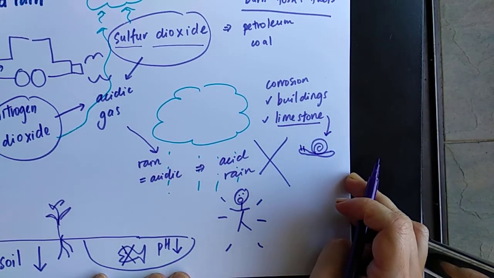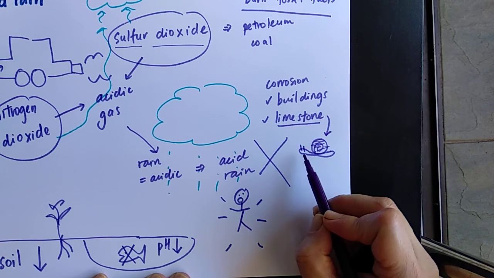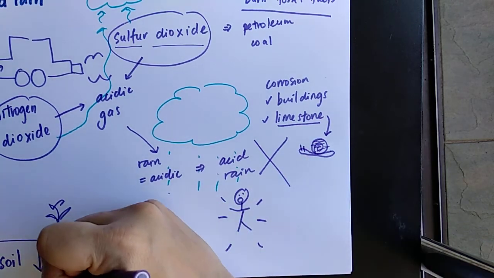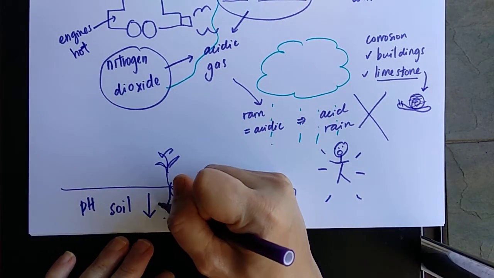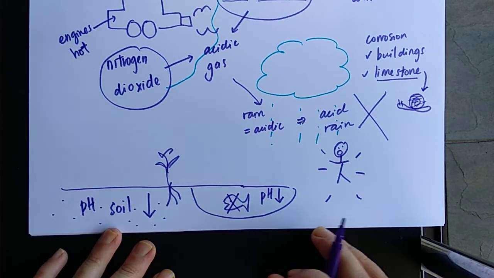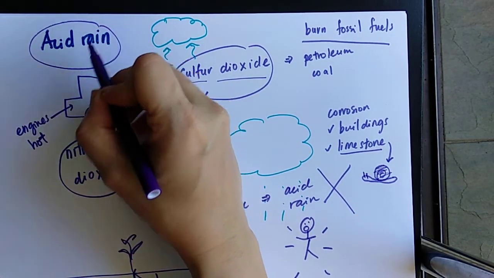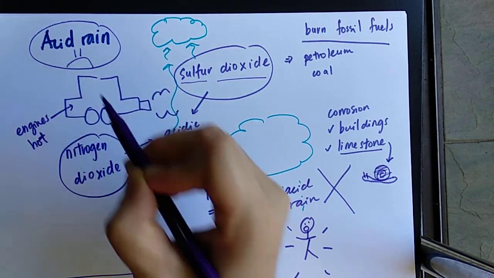So what happens is these poor animals will have shells that start to corrode. And of course, it causes the bacteria in the soil to also find it harder to break down the organic matter in the soil. All of this added together makes acid rain something that is really, really, really bad.